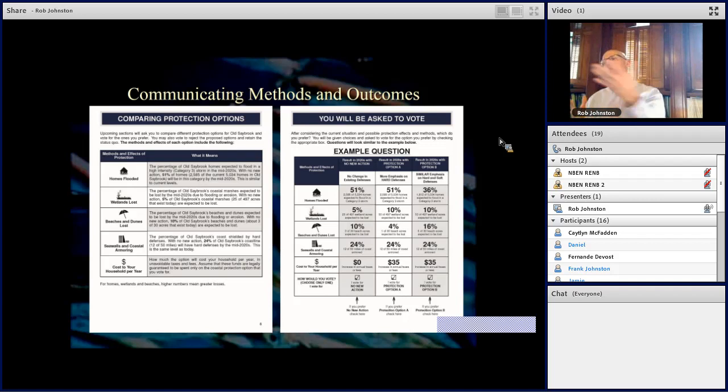For example, the percentage of homes in your town that are expected to flood in a Category 3 storm, a mid-intensity hurricane. The percentage of wetlands in your community that will be lost by the mid-2020s, again, under no action, or if you take adaptation actions. Beaches and dunes lost, seawalls and coastal armoring. And these were basically informed by the process I just talked about before.